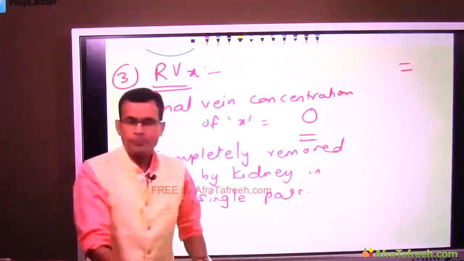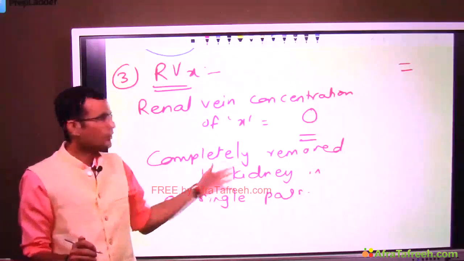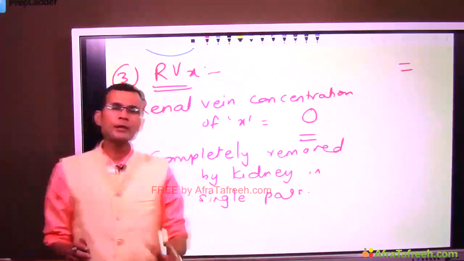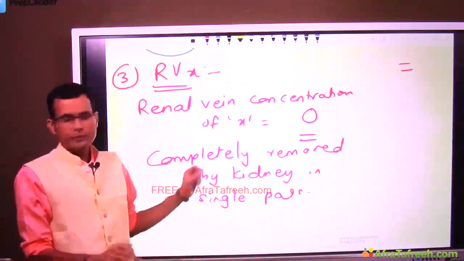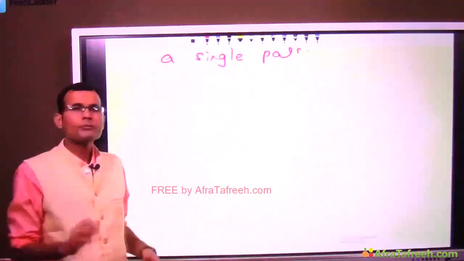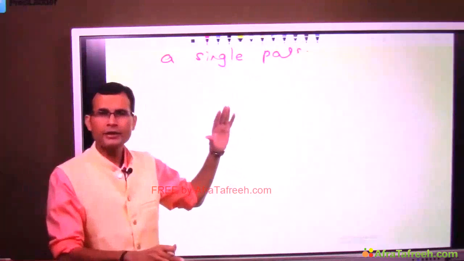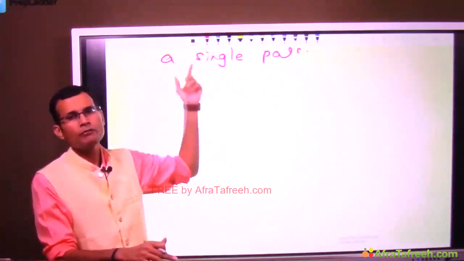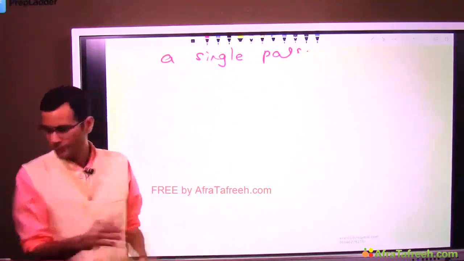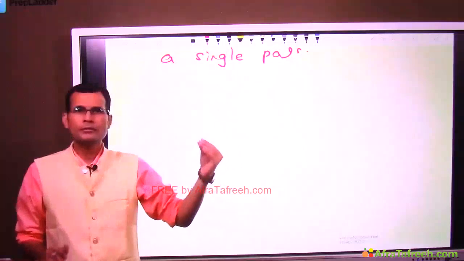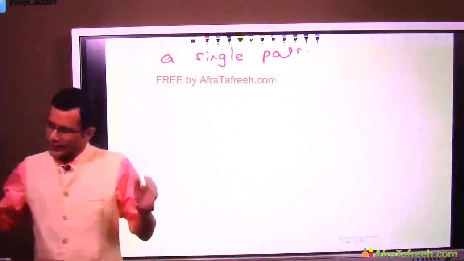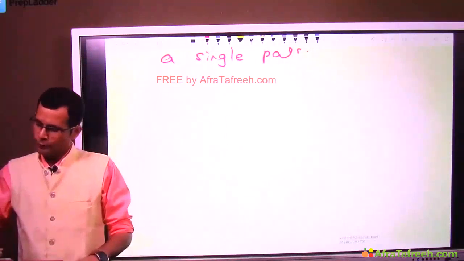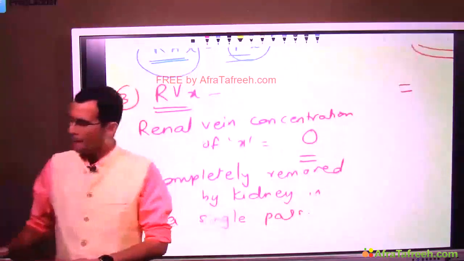So that's why the third criteria, that it is completely removed by the kidney in a single pass. Then its urinary excretion rate will give you the blood flow rate in the kidney. It comes into the renal blood, then it comes into the urine. All of it comes into the urine. So its excretion rate gives you the blood flow per unit time.